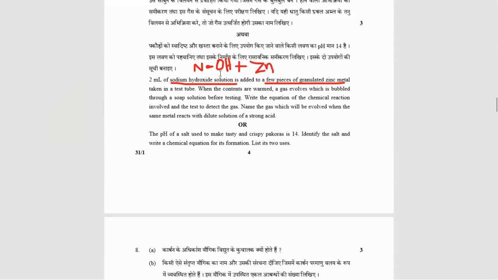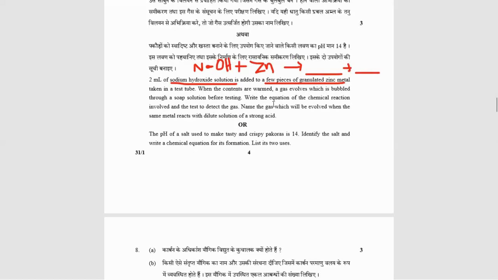So I told you, strong base with the most reactive metal, sodium hydroxide and zinc. He told when contents are warmed, a gas evolves, so it gives rise to one salt plus one gas, and that gas evolves which is bubbled through a soap solution before testing.